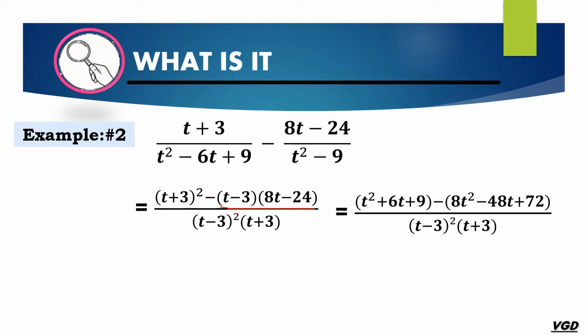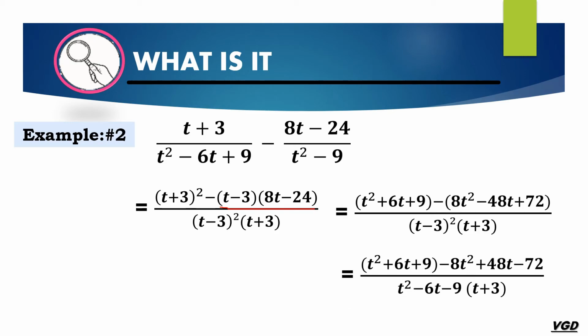Now, let's expand also the denominator since we can still expand this using the FOIL method. So we will be able to get t squared minus 6t minus 9 times the quantity of t plus 3. And for the numerator, we just distributed the negative to this expression.